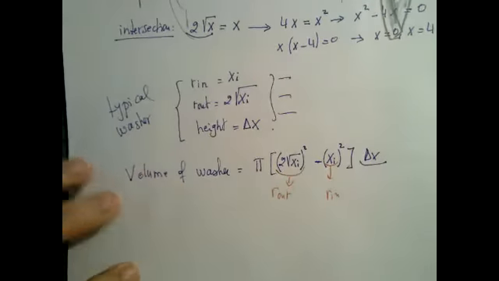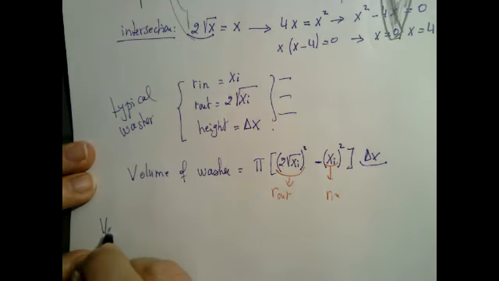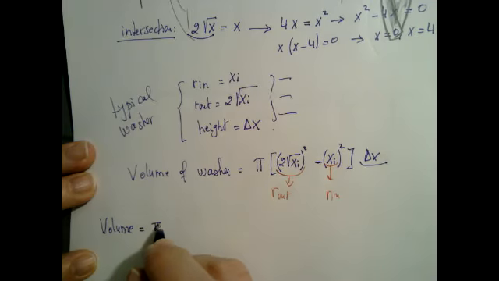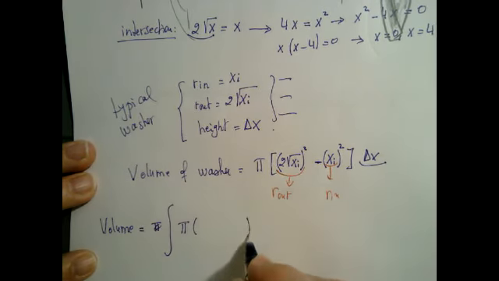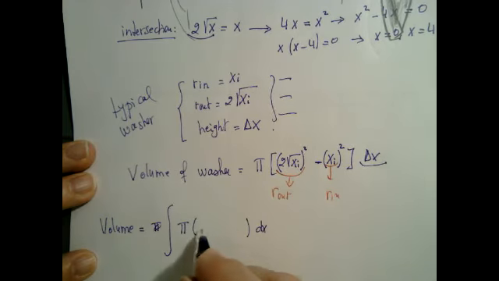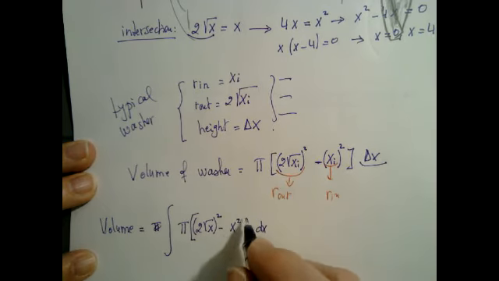And now the total volume, the volume of the solid, is going to be pi times, sorry, not pi. It's going to be the integral, that means the sum of those volumes, of (2 root x) squared minus x squared.